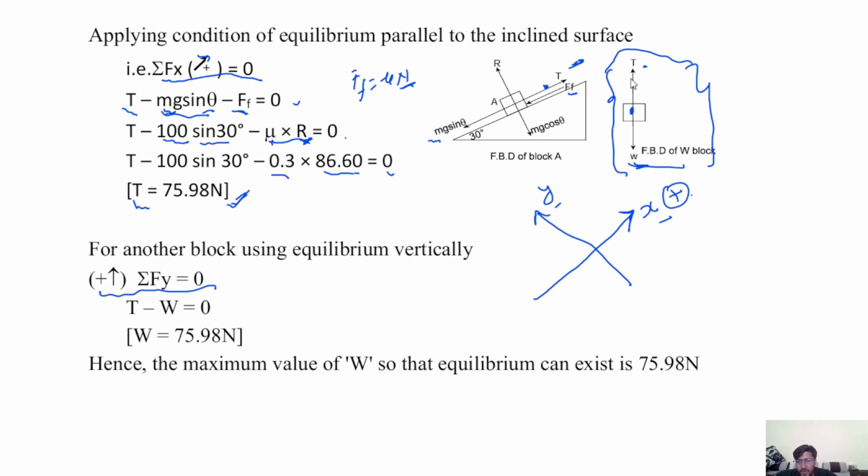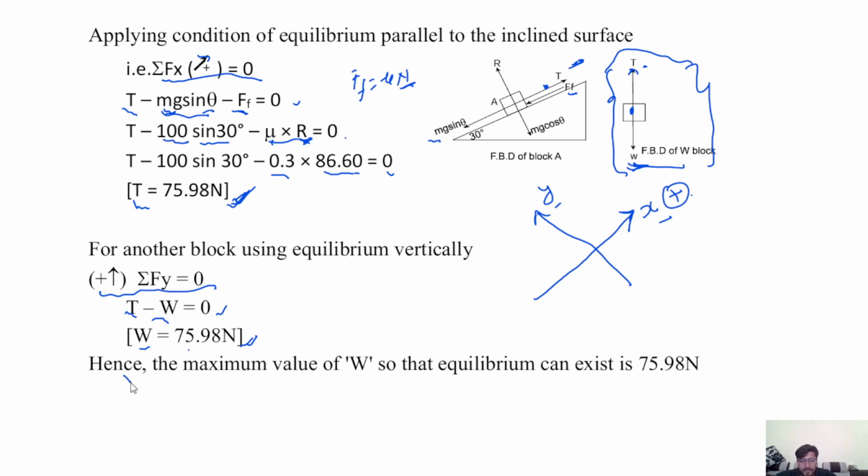T is in the upward direction, so take it positive, and W is in the vertically downward direction, so T minus W is equal to 0. There is no acceleration, so W is equal to 75.98 Newton, which is equal to the tension produced in the string.